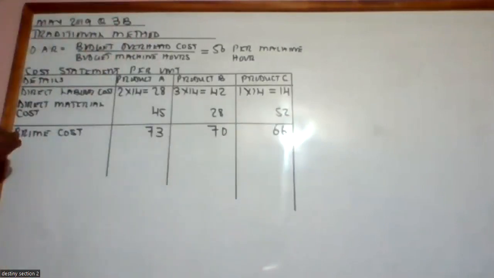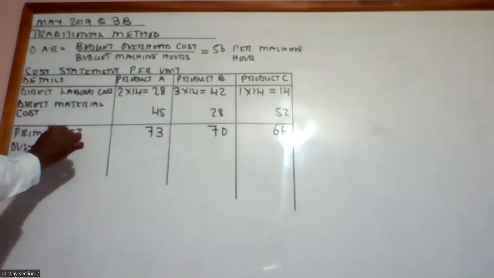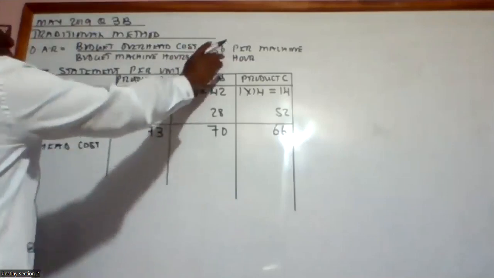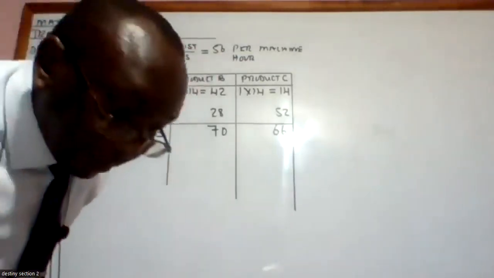You now bring the overhead costs. For the overhead costs, we take the machine hours.